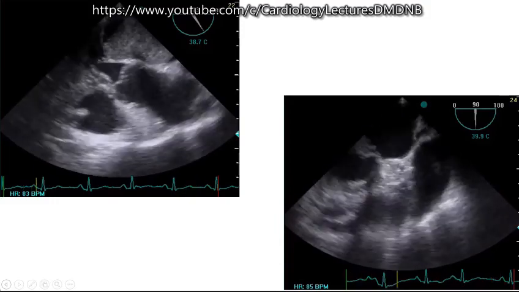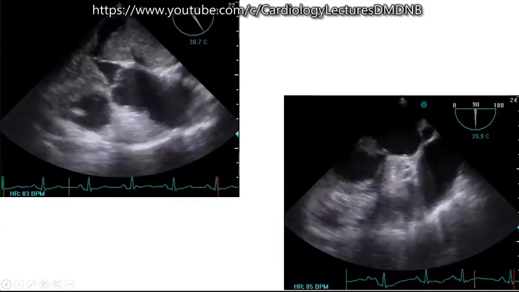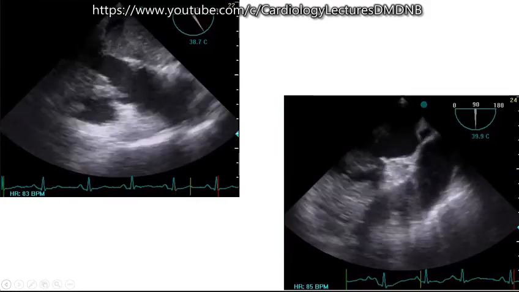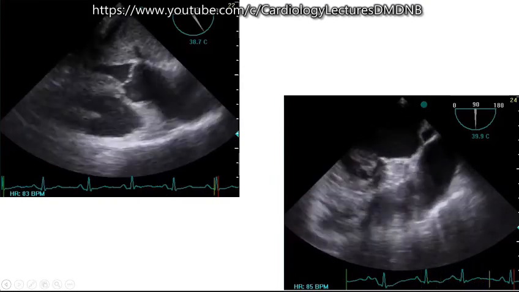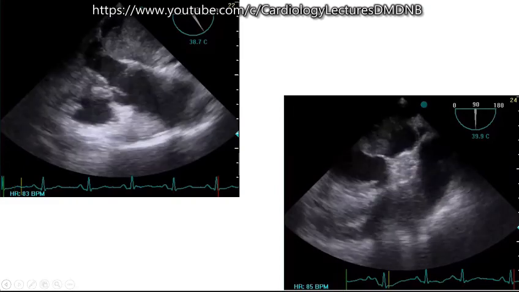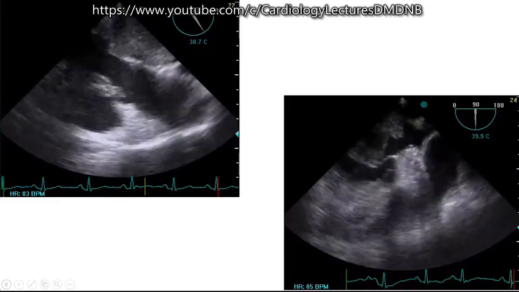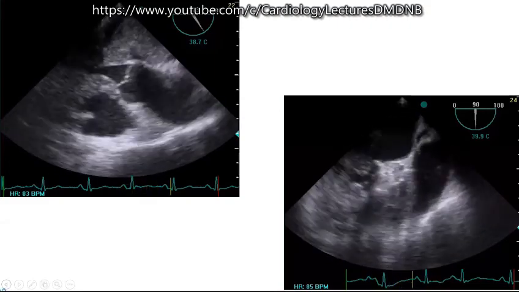LA, followed by RA, sir. RA, followed by RV. No, LV, and it is the rarest in RV. It is LA, RA, LV, RV. So it is the rarest in RV. It is commonest in the left atrium. Okay, so left atrial myxoma.